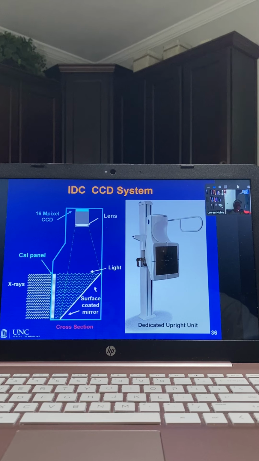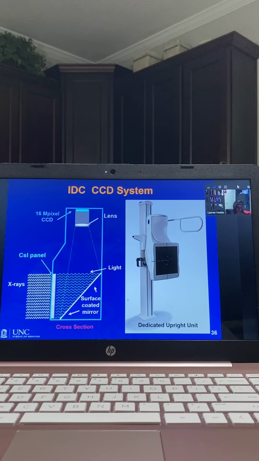One CCD chip. And remember, how large is that CCD chip? Is it a 35 by 43 chip? It is smaller than a credit card. But yet when you look at this detector, this is a 35 by 43 detector. So how in the world can you do a chest image and end up with something?